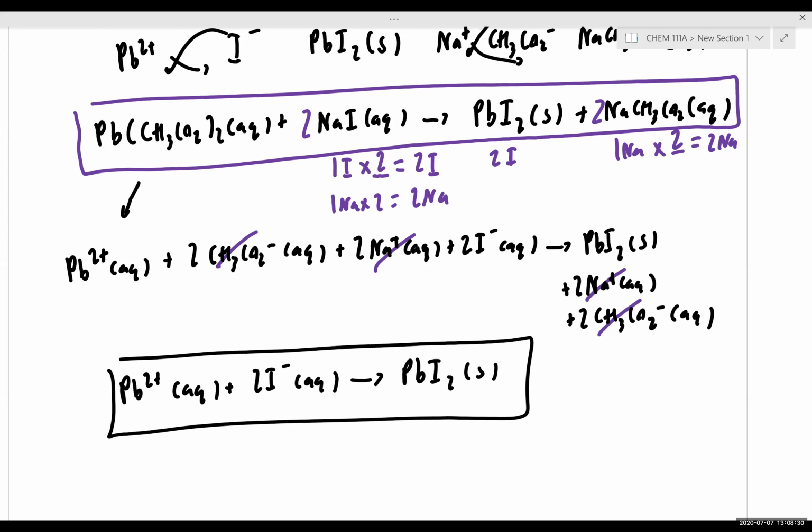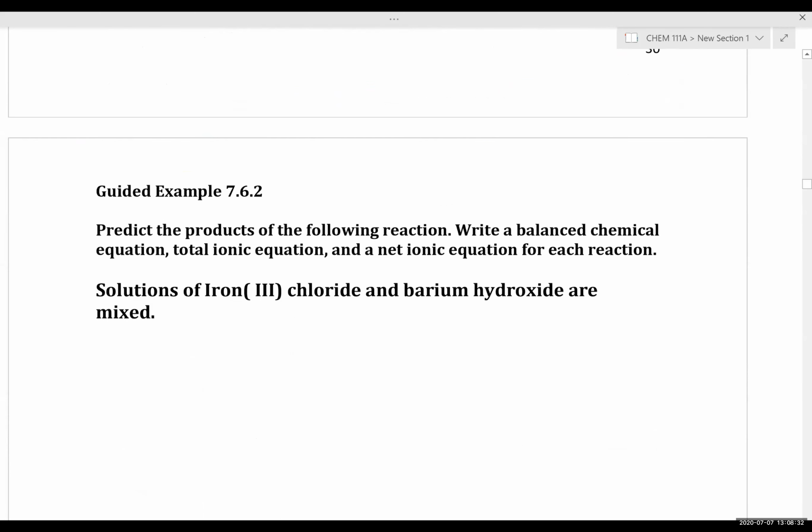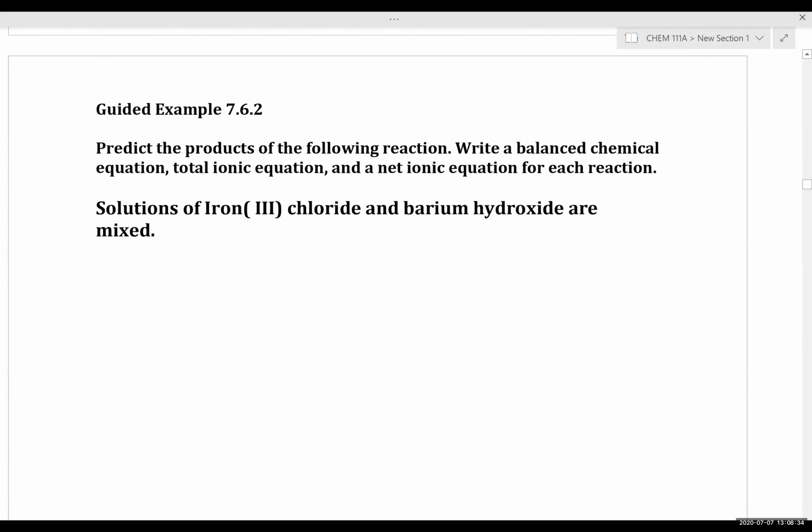Okay, so let's look at another example. This time, I'll be guiding you through this example as we're asked to predict the products of a reaction from a word statement. So iron 3 chloride and barium hydroxide are mixed, and we're asked to predict the products.